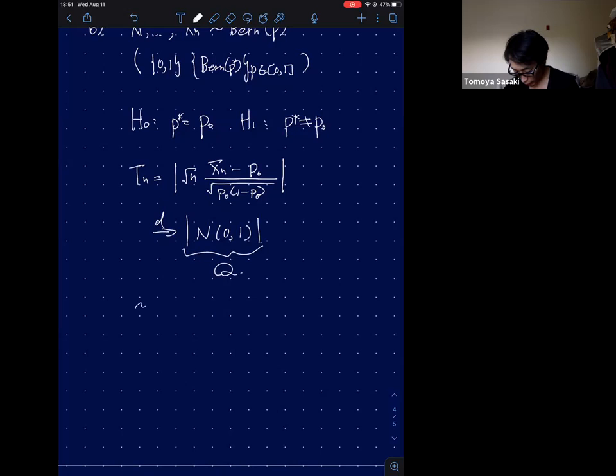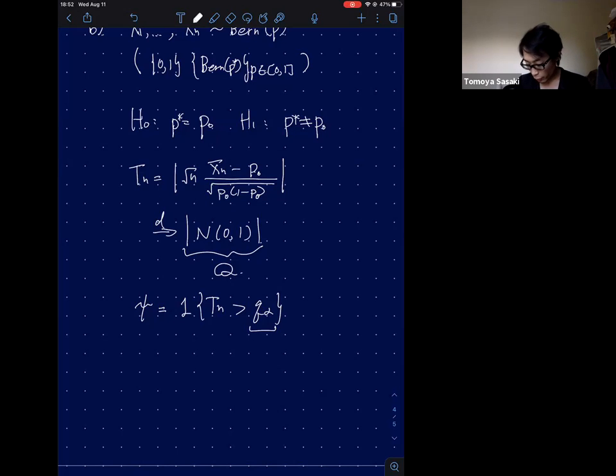Then our test is actually still Tn greater than q of alpha, because we are folding the normal distribution and pretending that there is no negative area. That's why we can still use q of alpha as the quantile and critical value here.